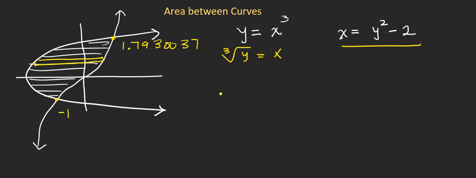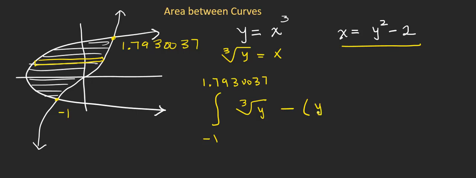So now you're going to get the integral from negative 1 to 1.793037. Remember, whenever you want to use horizontal rectangles, these two are the y values of intersection. And then it'll be right minus the left, which is cube root of y, or you could say y to the 1/3, same thing, minus the quantity y squared minus 2.